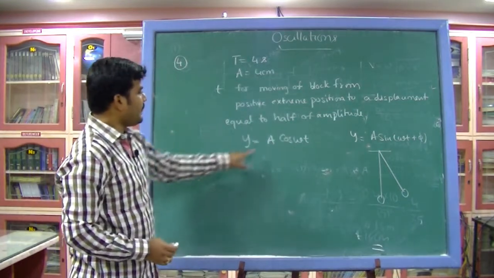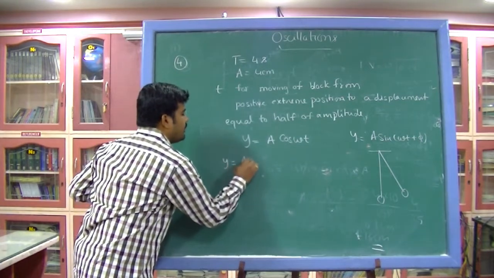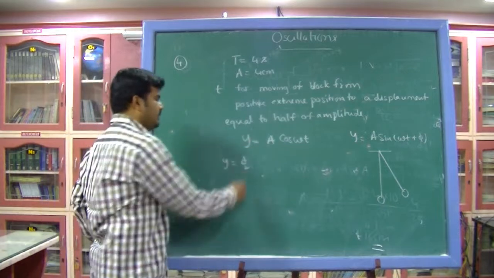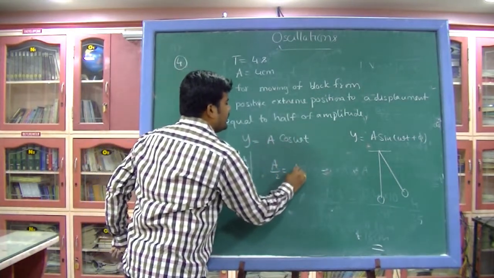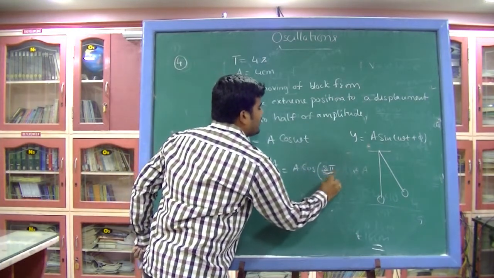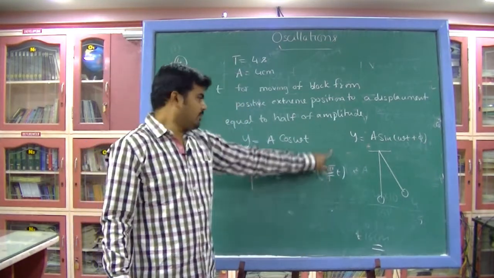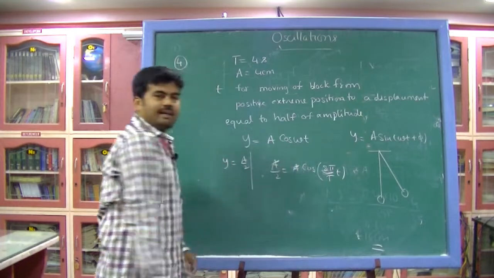Now, the given condition is y is equal to A by 2. So displacement is equal to half of amplitude. Now substitute the given value in the equation. So A by 2 is equal to A into cos of omega t, omega being 2 pi by time period. I am writing omega in terms of capital T. Now this A gets cancelled.